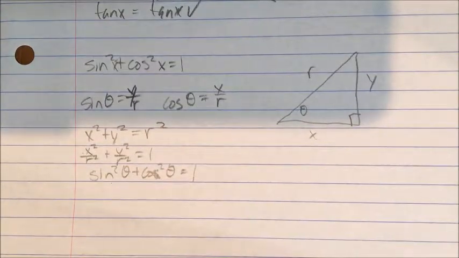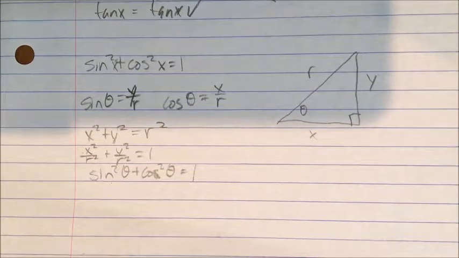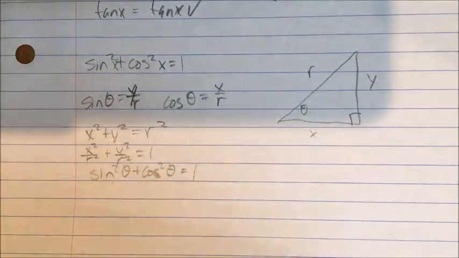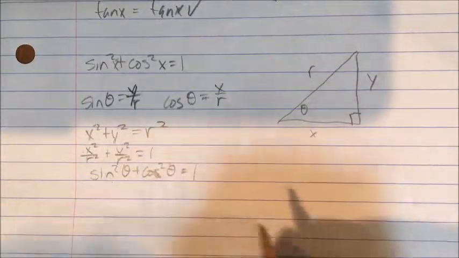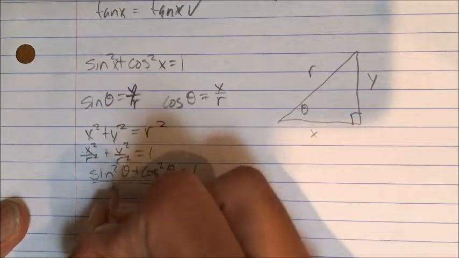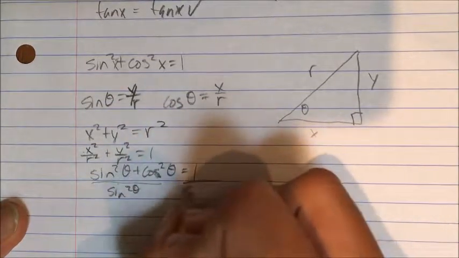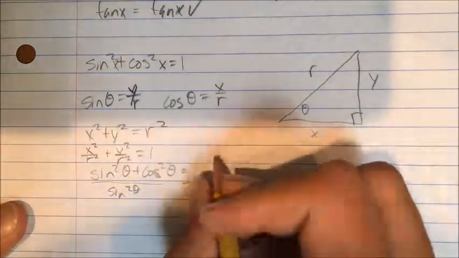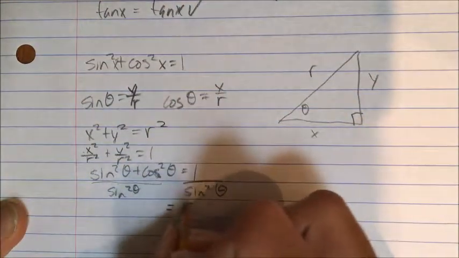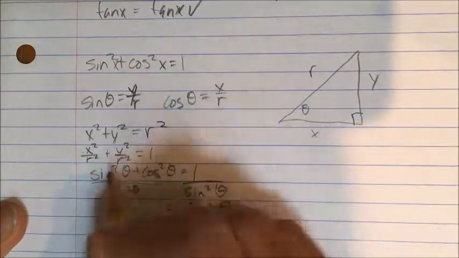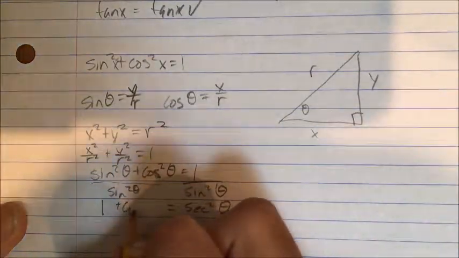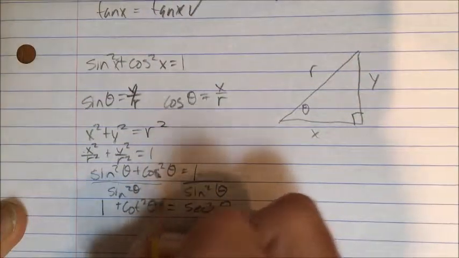There's two other forms you can write this identity in, just to make it easier to use in a lot of situations. So, to get the other two identities, you have to divide this original identity by sine squared theta and cosine squared theta. So, when we divide both sides by sine squared theta, we get cosecant squared theta on this side, and 1 plus cotangent squared theta here.